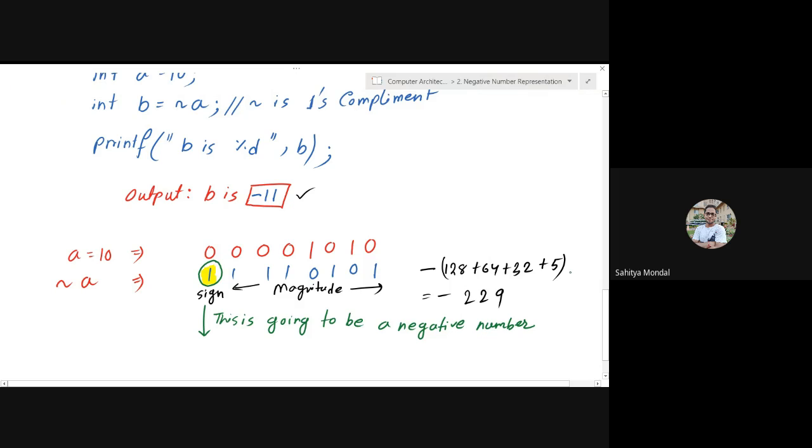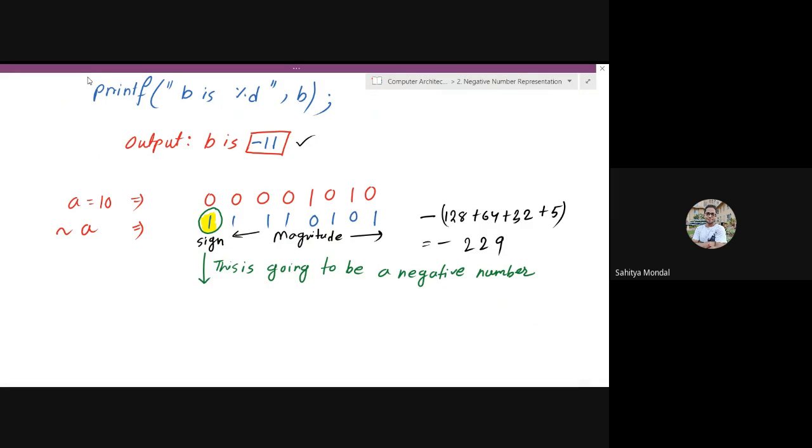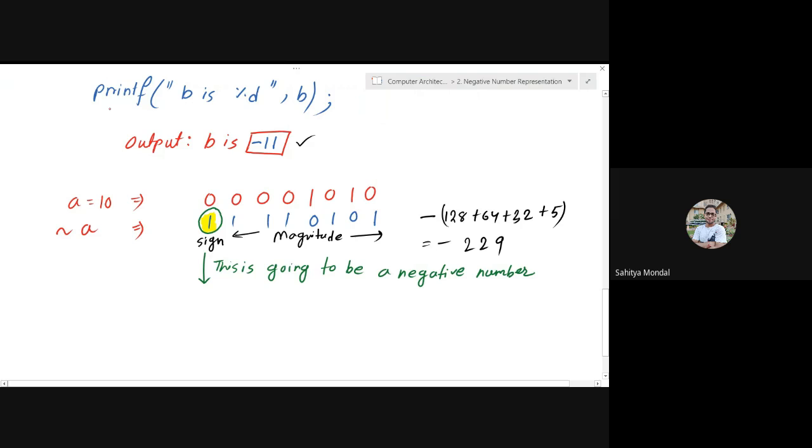When the computer thinks that this is going to be a negative number, then the computer always represents it in 2's complement form.